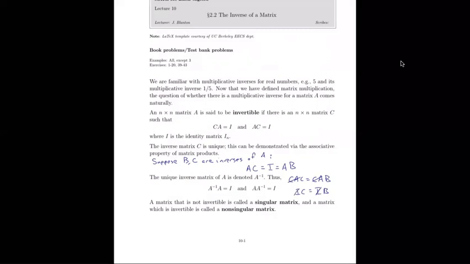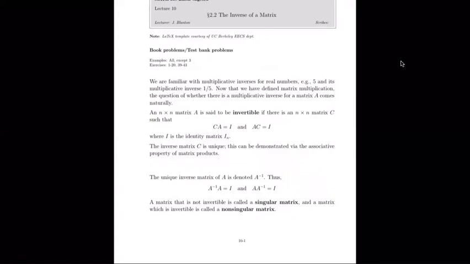It's like multiplication by 1, and that's telling us that C is equal to B. Thus, if we declare there are two inverses of A, then those two inverses must be equal to each other. So it really means there's only one inverse of A. It's a common method for demonstrating uniqueness. And that wasn't a complete proof of it, but it was just a sketch of how such a thing might come about.